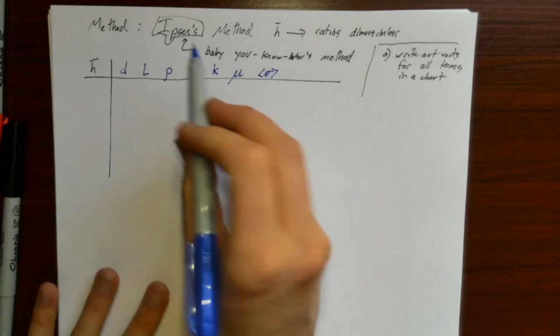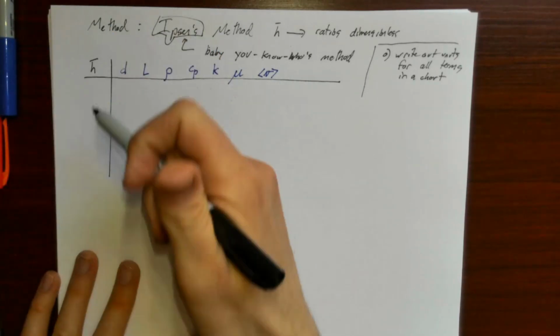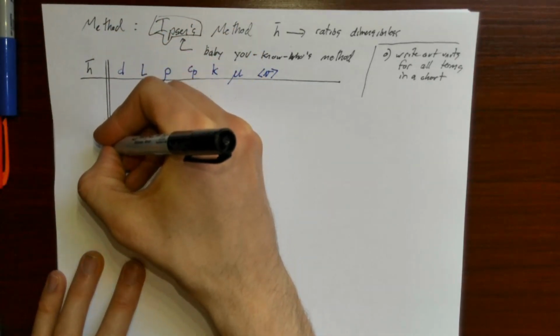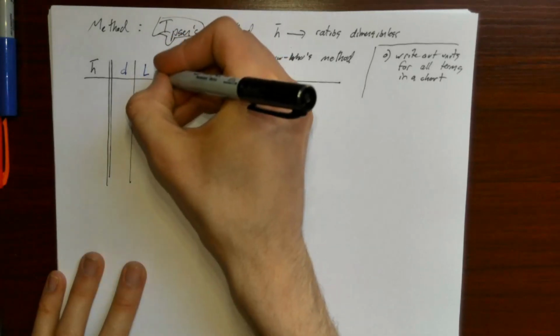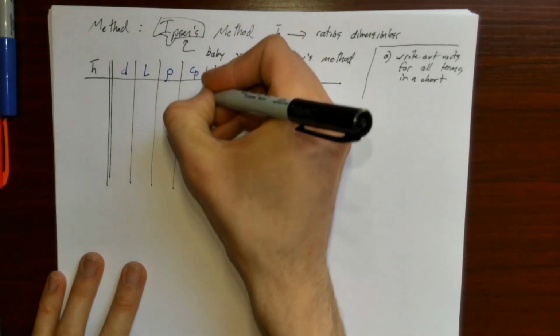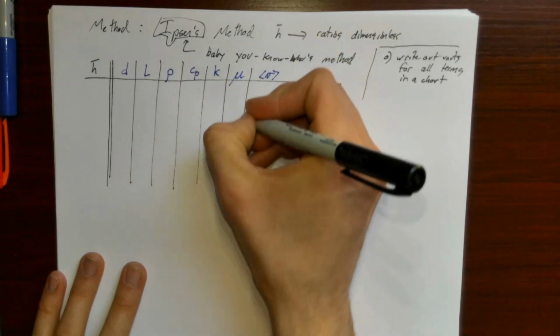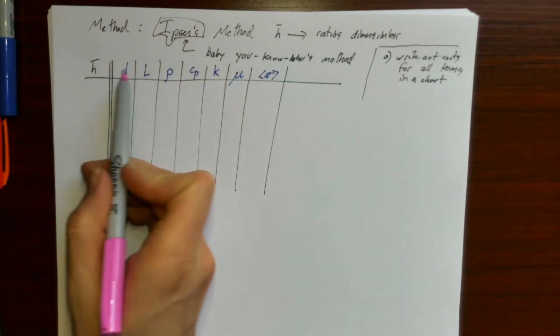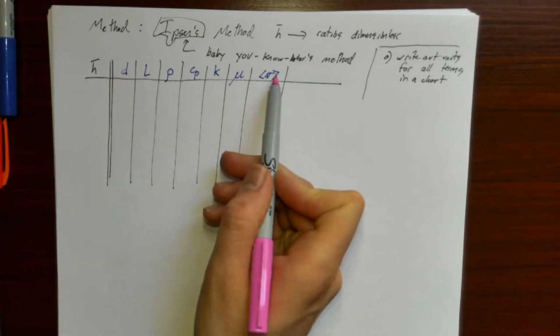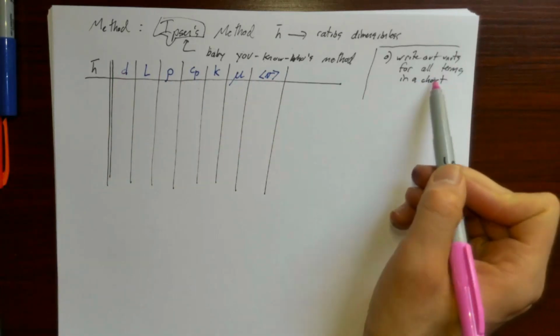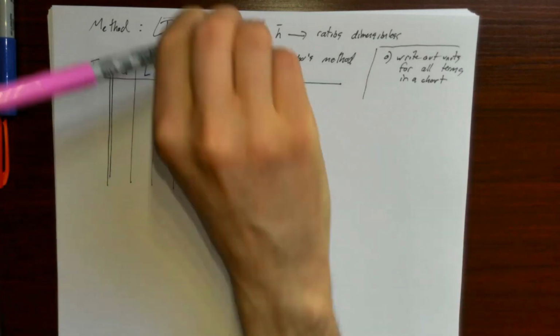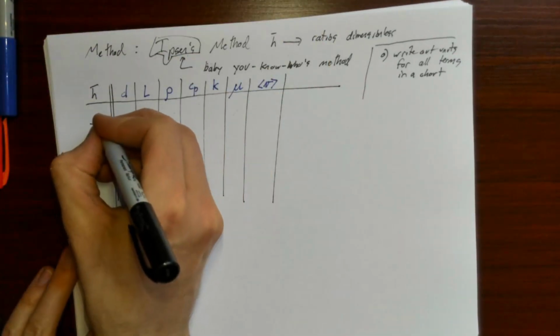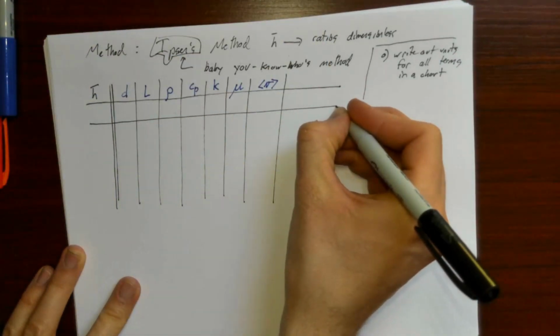That h bar could be a function of all these things. So what are we going to do? We're going to build a chart with all of these variables in it. And so the first thing is we write out h bar, essentially a function of all these things, and we're going to write out what all the units are for these terms in a chart. So we're basically going to have rows, kind of pairs of rows.